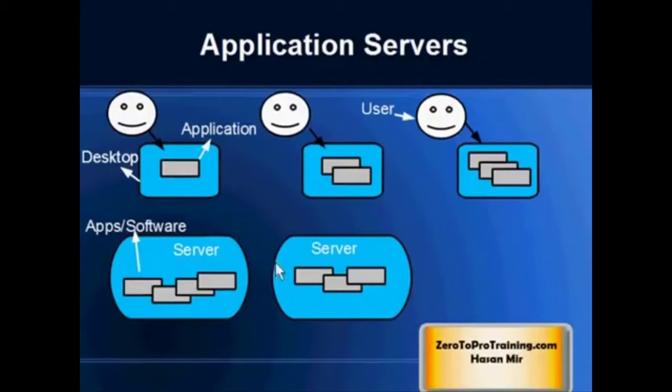And some of this software is not accessible by the users and serves some other purpose, maybe batch reporting, and is not supposed to be interactable by the user. So all kinds of software are running on multiple servers in a typical company's IT environment.